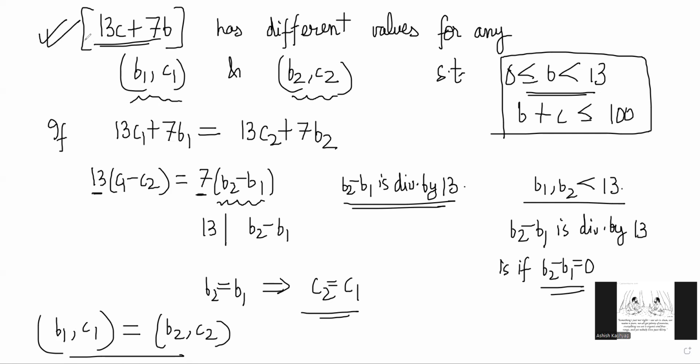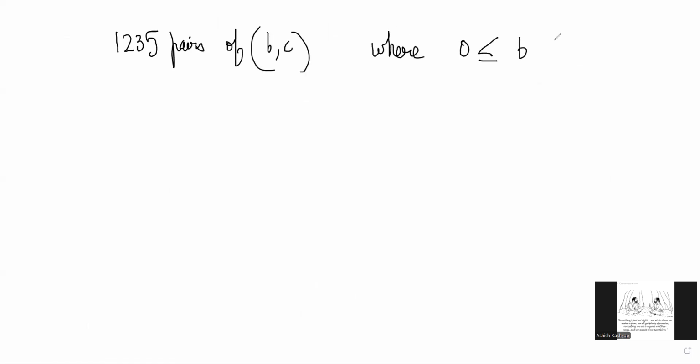Now you have to convince yourself that for any higher value, if B is bigger than 13, you can always convert it to a pair with B less than 13. We have already counted that there are 1235 pairs of B and C where 0 is less than or equal to B less than 13 and B plus C is less than or equal to 100.